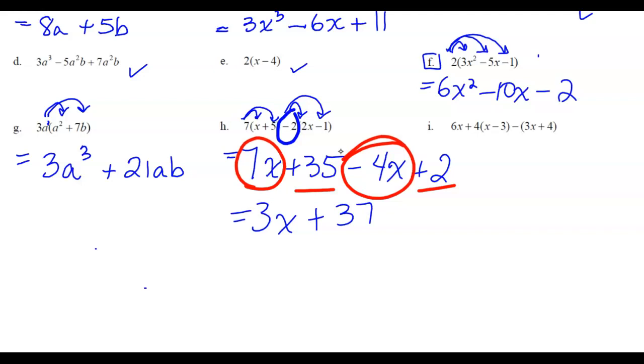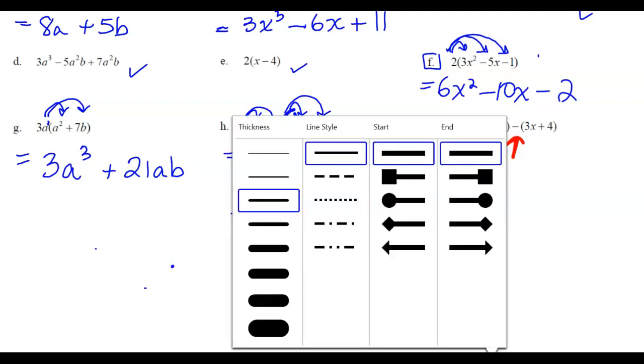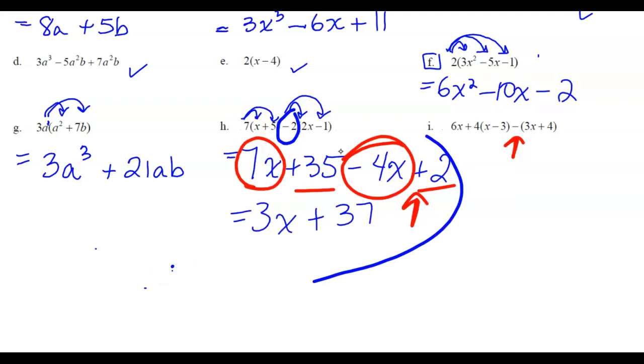That negative in between made that last term positive. Just always remember that. Be really careful. So same thing here. We're subtracting everything in the brackets. So we have to subtract 3x and we have to subtract 4. So this one, because I have to write a little bit bigger now, I'm just going to do it down here.